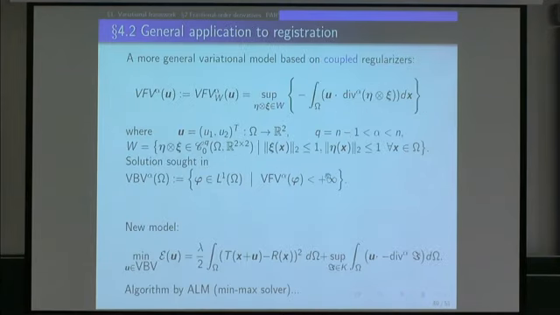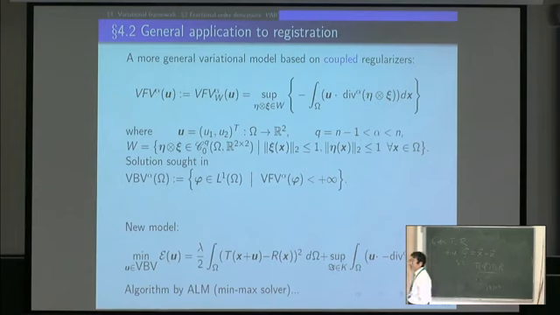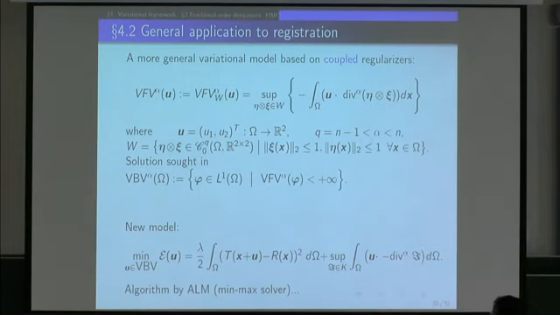And also you can do a more sophisticated one, something I've been doing very recently. So how can you make it complicated? You want the components U1, U2 coupled in some way. There are many ways to couple. This borrows the idea from color image regularization. So here I'm just showing one choice, depending on how this W subspace is chosen.